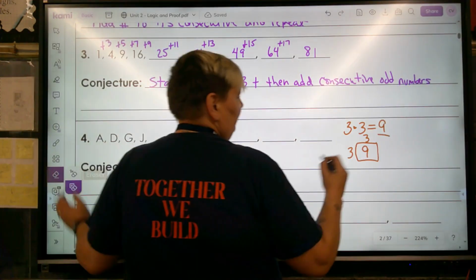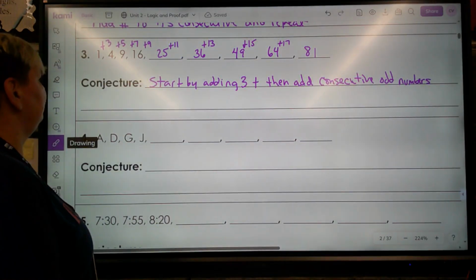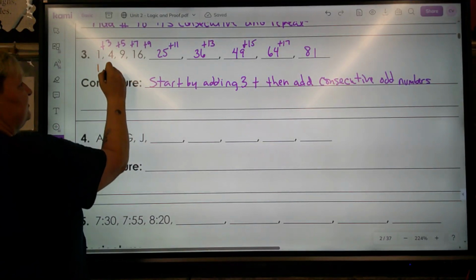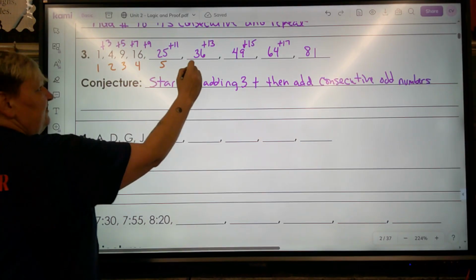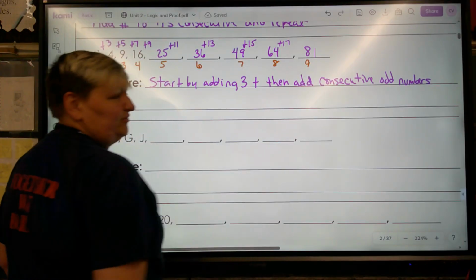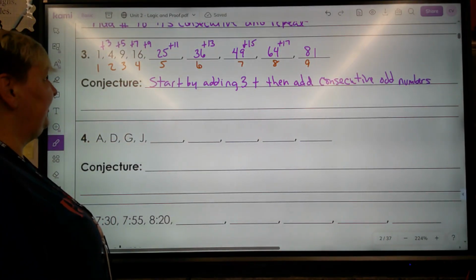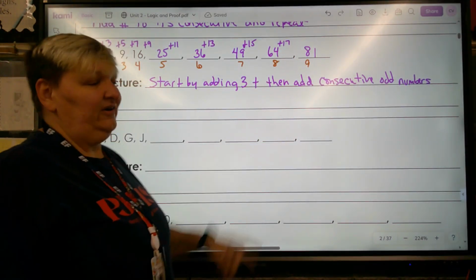Right? So let's look at those perfect squares and see if we can use them. This is your first number, your second number, your third number, your fourth number, your fifth, sixth, seventh, eighth, and ninth number. Those are place numbers, right?